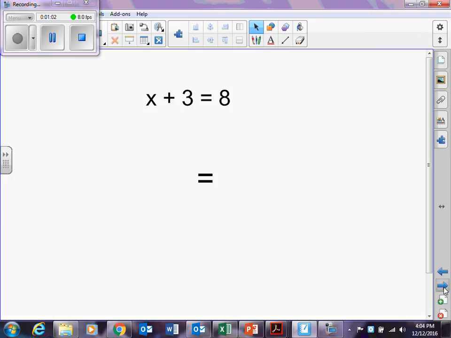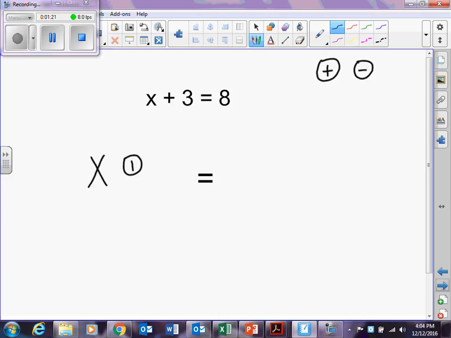And I'm going to start by doing a model. You remember that we can draw positives and we can draw negative chips. So on my left-hand side of the equation, I know that I have x, some value, so I'm going to leave that as x. And then I have 3 positives. 1, 2, 3.